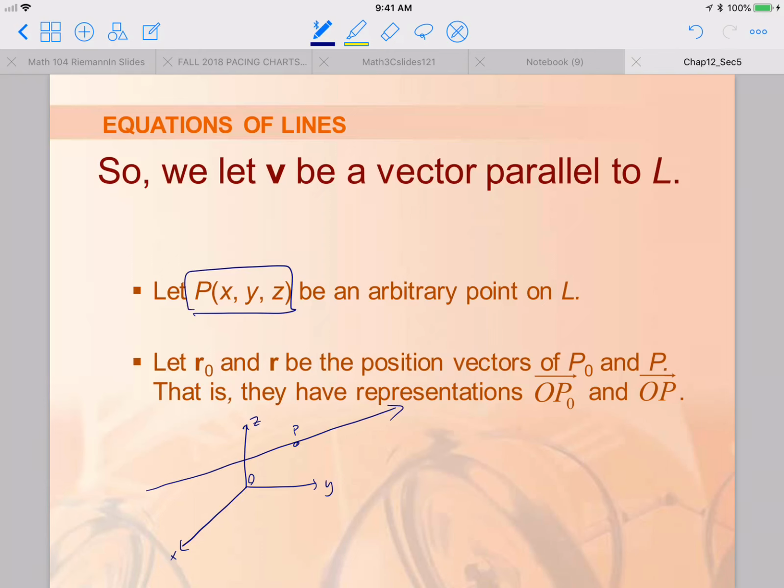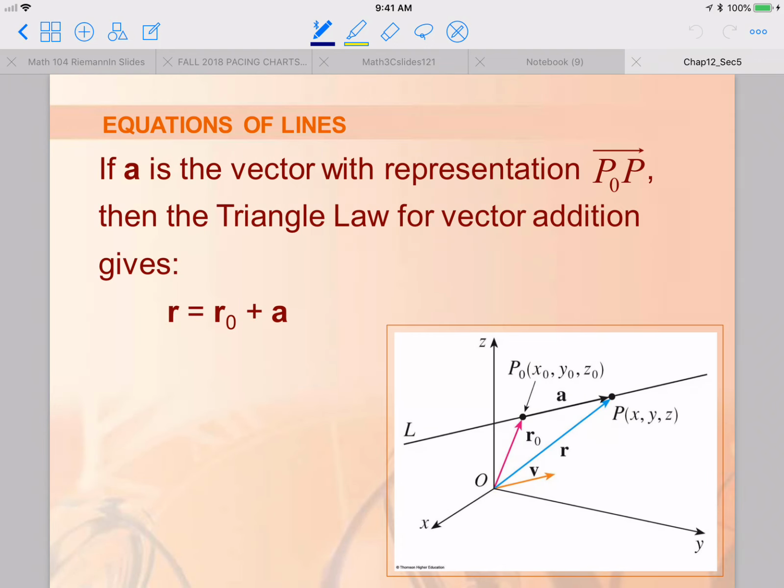If this is P, then we've got a vector from O to P, which we refer to as r. So r is our vector from O to P, with the tail at O and the tip at P. That's just the notation that we're using.